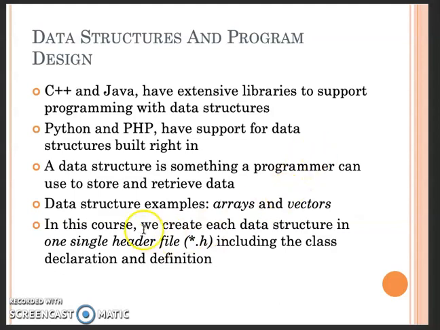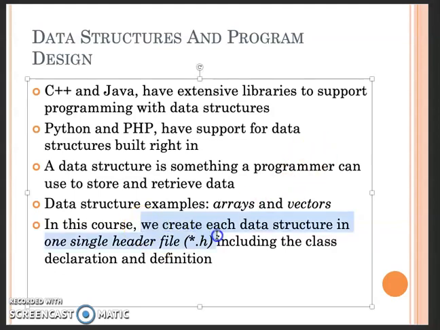But in this class, I just want to inform and emphasize, we will implement each data structure every week, but we're using one single header file. So that means in this single header file, you will have the class definition and all the member function implementation. That's all in one header file.